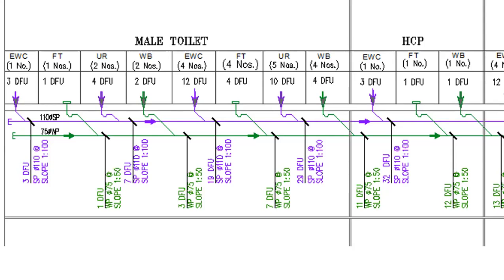For the slope, I already told you: with the thumb rule, you can take the pipe slope as 1:100 for a 100 mm diameter. That's all. You don't need to check the flow rate and calculate. We don't know the flow rate, so that's why you provide a 1:100 slope.